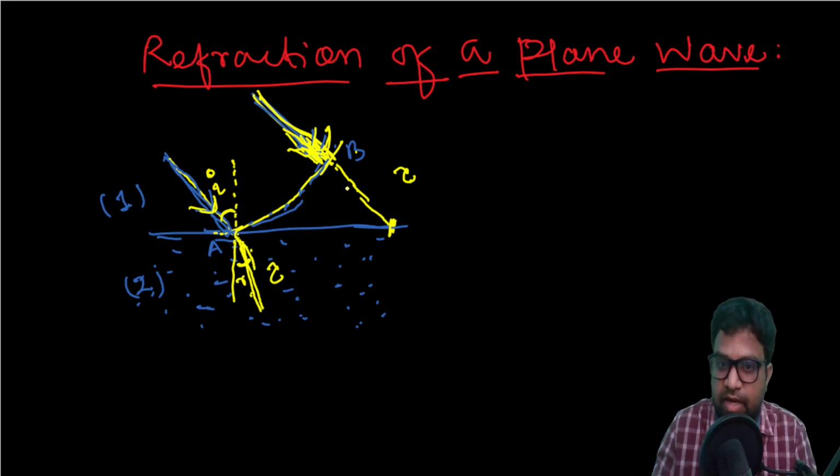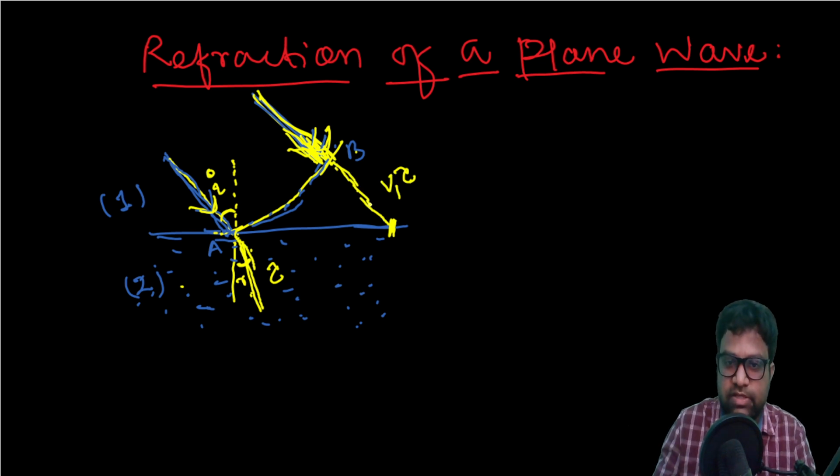But both are traveling with a different speed. Remember, because medium 2 and medium 1 are different, they will travel with different speeds. So the distance the B side of the wavefront has traveled will be v1, the speed in medium 1, into tau.